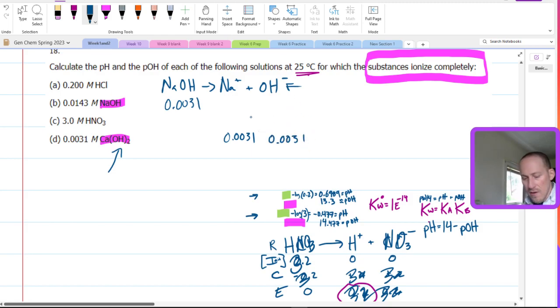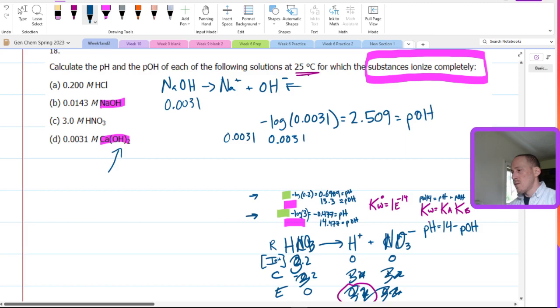So the negative log of that, the negative log of 0.0031, is 2.509 basically, which is the pOH, and so that means the pH is the difference from 14, minus that.